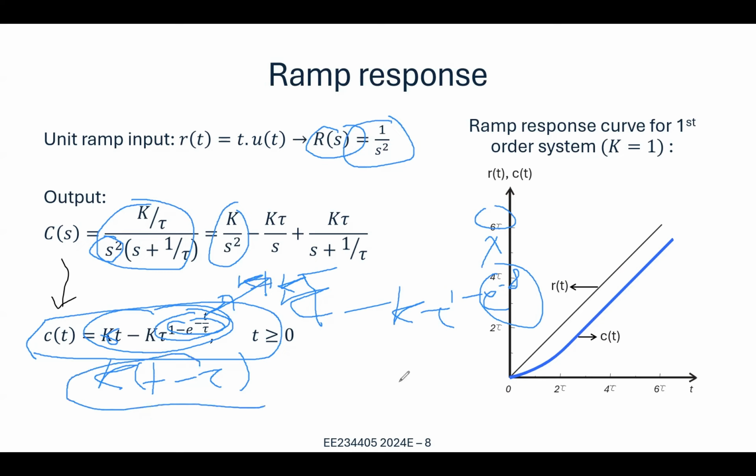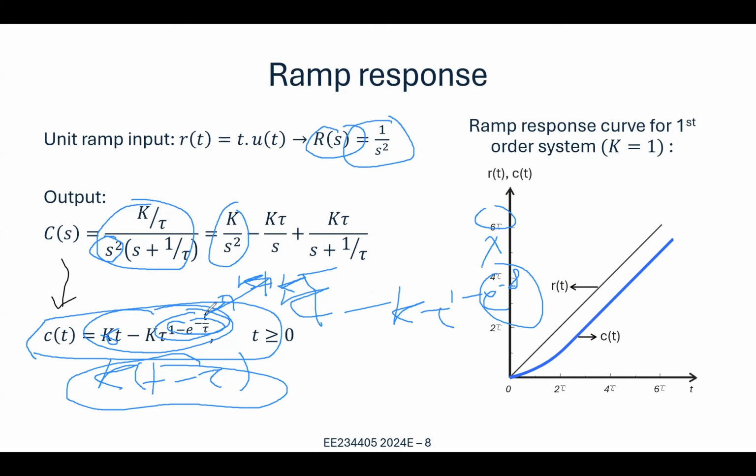So this is what happens if we have t equals tau. It's rather hard to know. Of course, at infinite time the value is infinity because it keeps increasing and increasing. But at time 0, you can get that the value here is also 0.